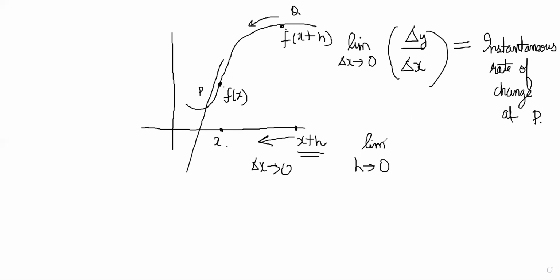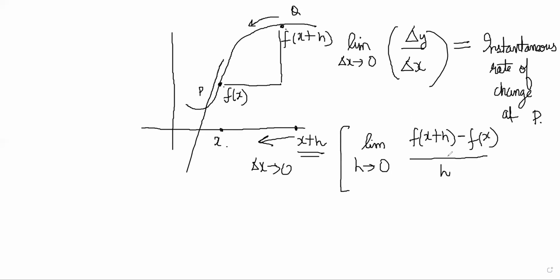So limit of h tends to 0, change in the y value, which is this value minus this value, f of x plus h minus f of x, divided by the change in the x value, which is h. If you take the limit, this ratio becomes your derivative.